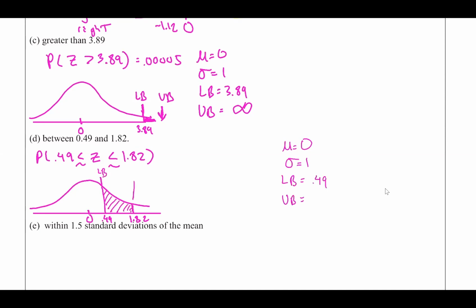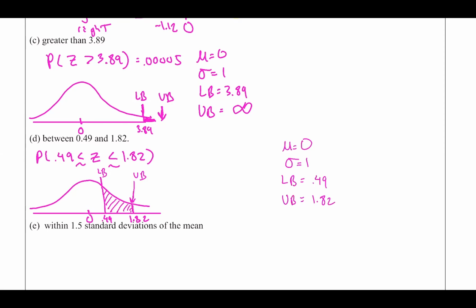My upper bound also has a cutoff, which is 1.82. Notice the difference between A through C: for one of the bounds there was no cutoff. But in part D, since we want it between these two Z values, we have a cutoff for both the lower bound and the upper bound. So we want it between 0.49 and 1.82.